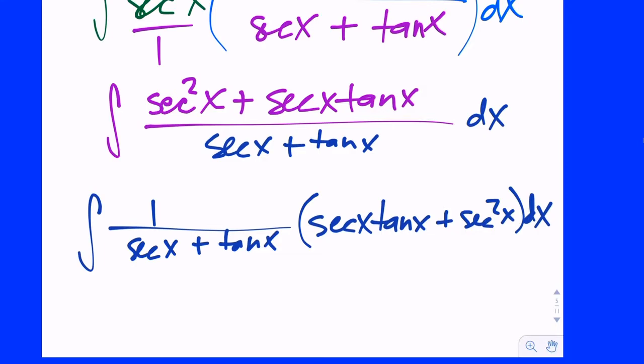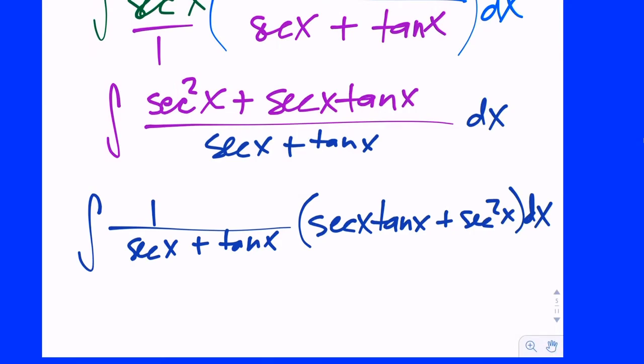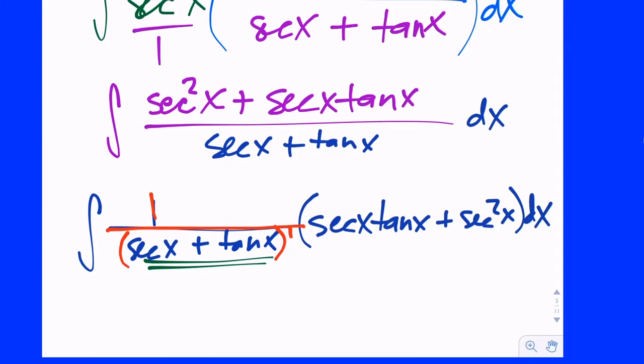Does it work? What's our inside function now? I have 1 over blob to the first again, don't I? Well, let's see. What's the derivative of our blob? Well, our blob is secant x plus tangent x, so it's 2 terms. What's the derivative of secant x?